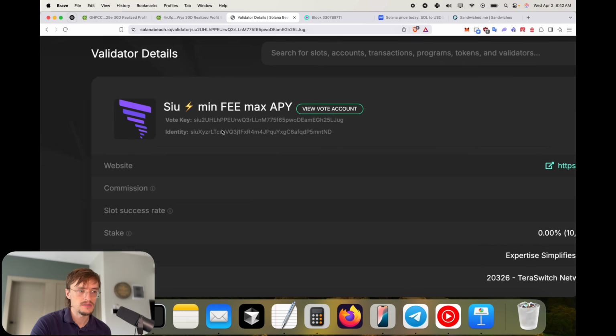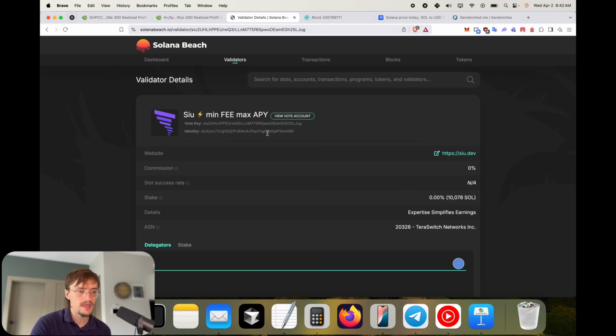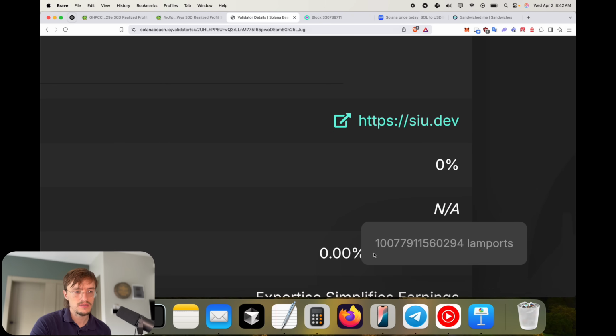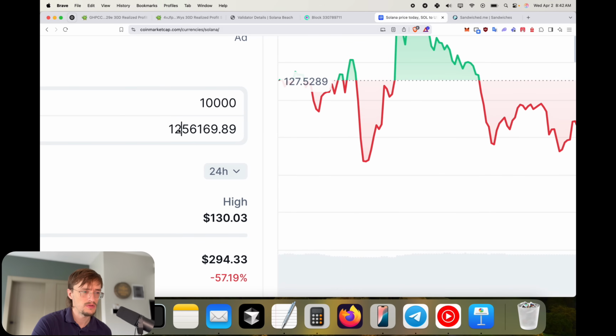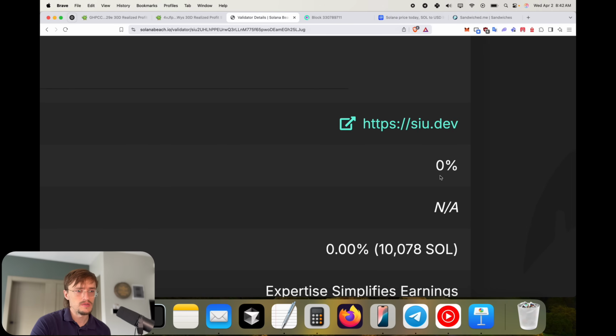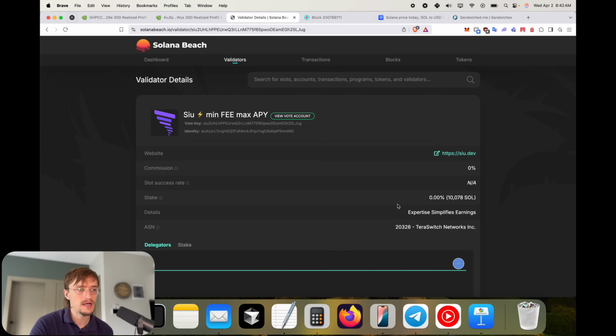As you can see here, this is a validator called SIU, and they have 10,000 Solana staked. Now 10,000 Solana is about $1,200,000. So it's not as high as other bots where they have billions of dollars on Solana, but it's still not cheap.